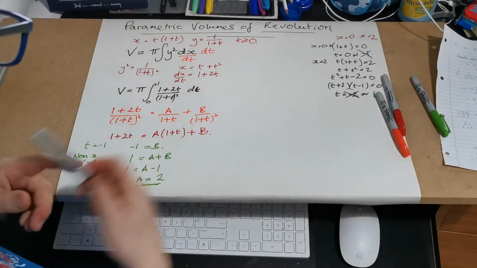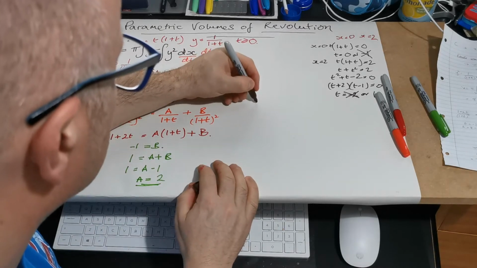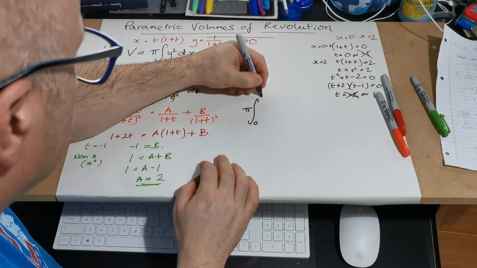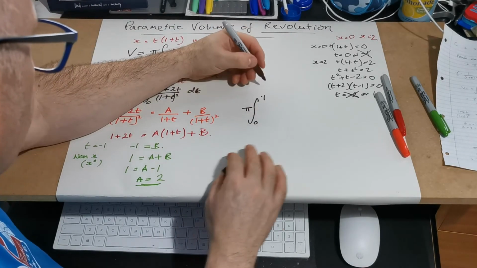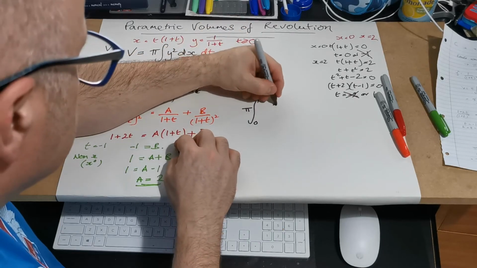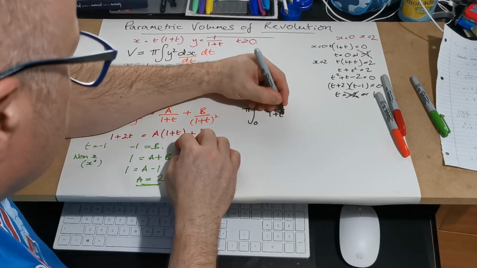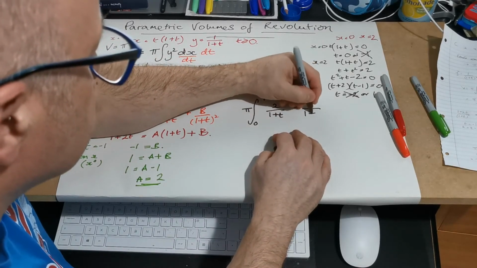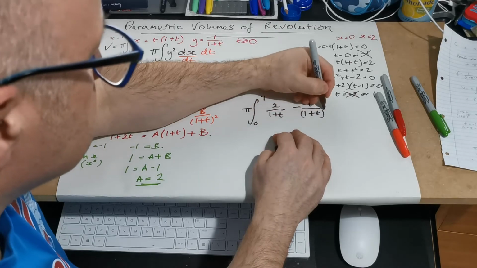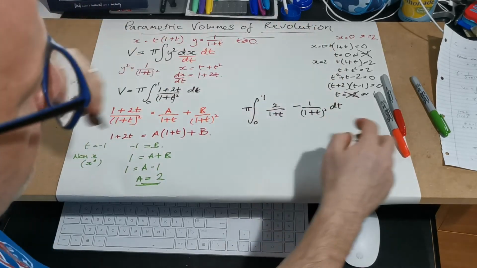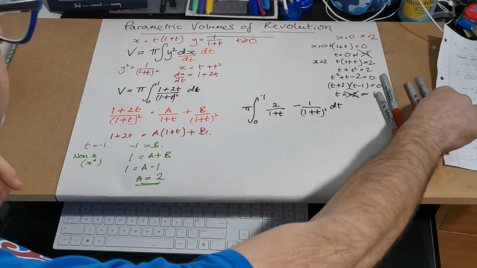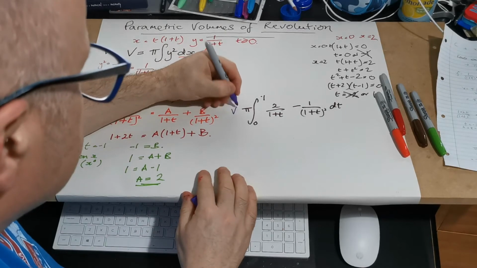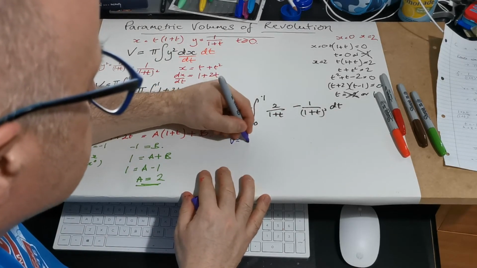So my integral will now become the integral of pi between 0 and 1 of A, which is 2, so 2 over (1 plus t), and then B is minus 1 over (1 plus t) squared dt, which is now an easier function to integrate. The pi is still going to be there.